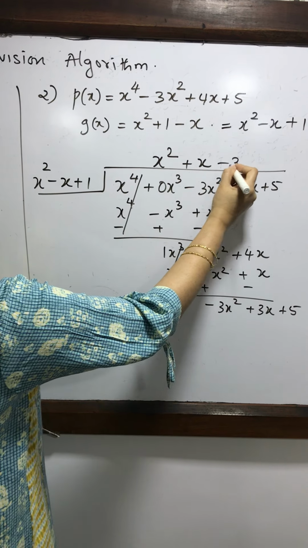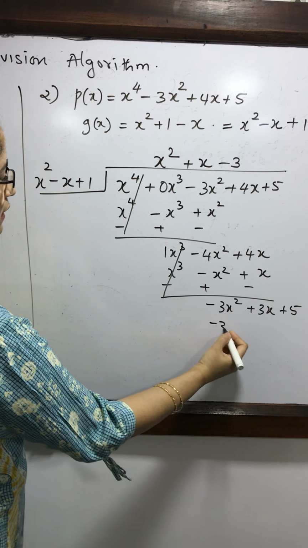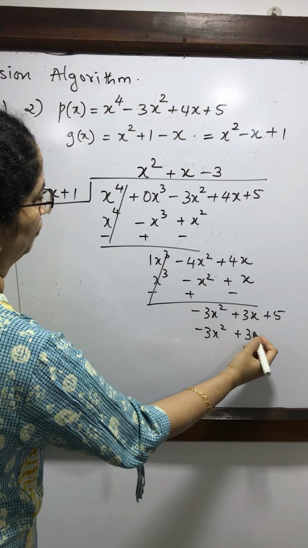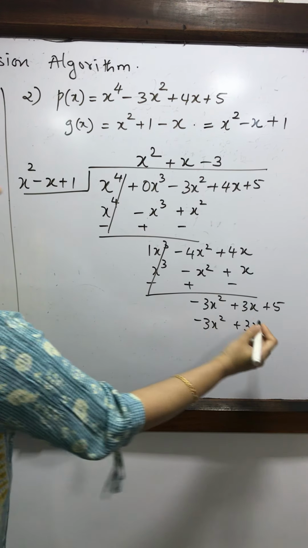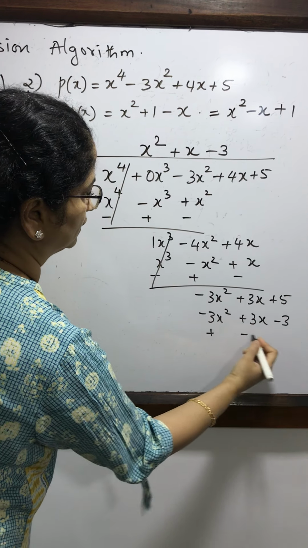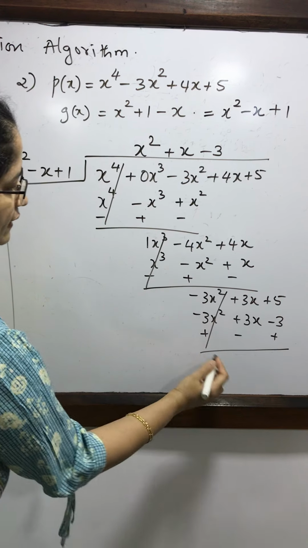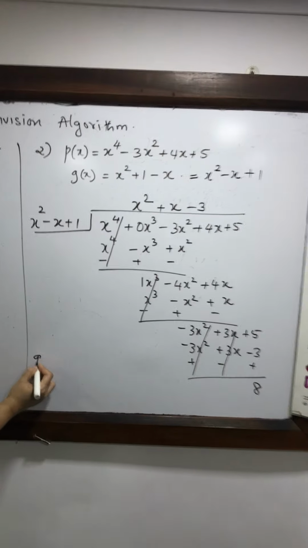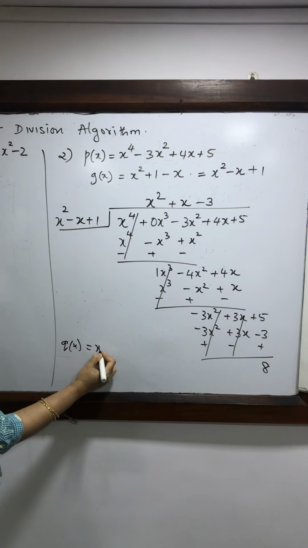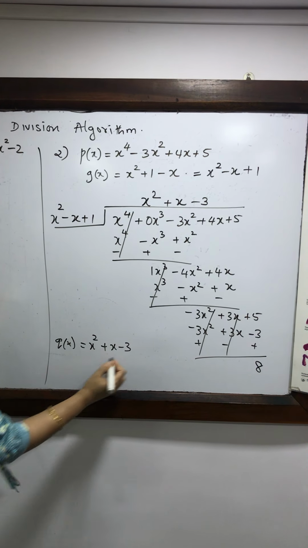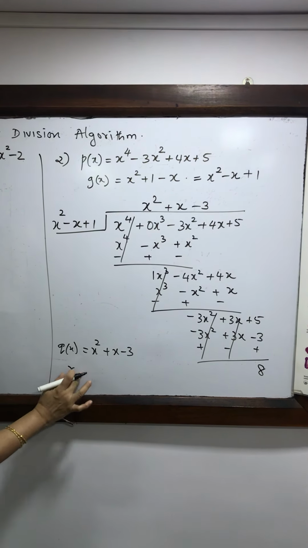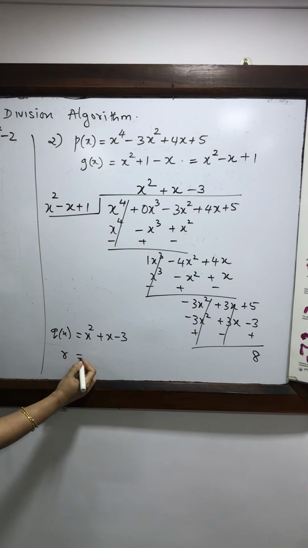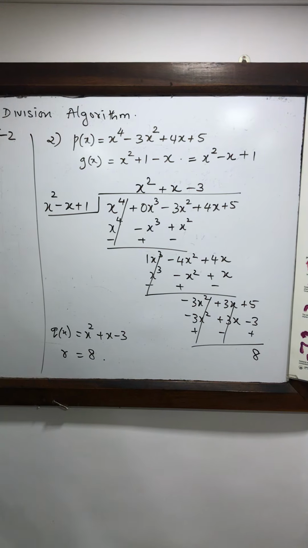So that is minus 3. So we have minus 3x square, positive 3x, and negative 3. Change signs and solve. This will cancel, this will also cancel. Remainder is 8. So final statement: quotient is x square plus x minus 3, and the remainder is a constant, so we will not write r(x), we will just write r equals 8.